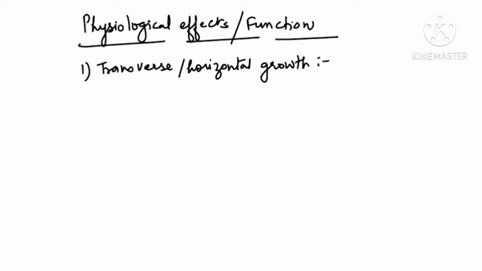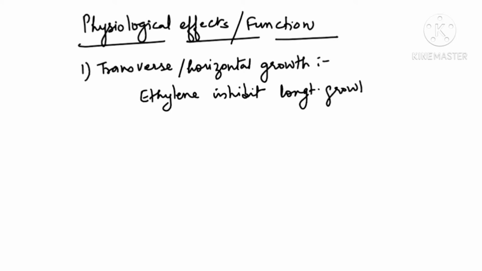Ethylene will inhibit longitudinal growth and will promote transverse growth. This is the first response, and it promotes transverse growth.